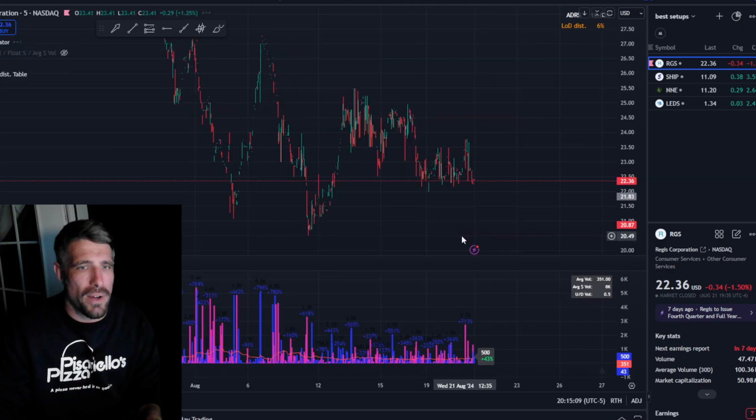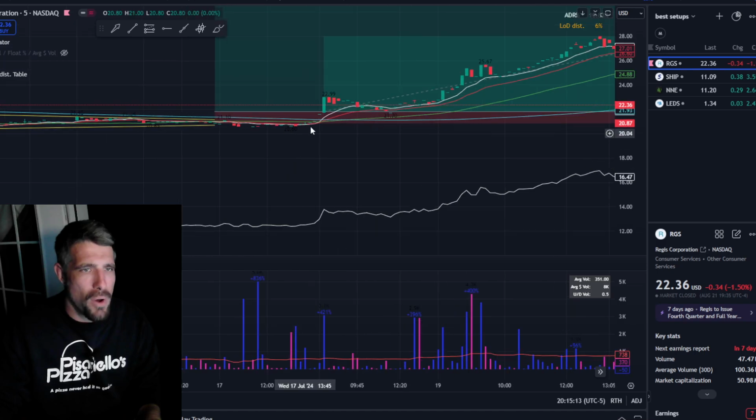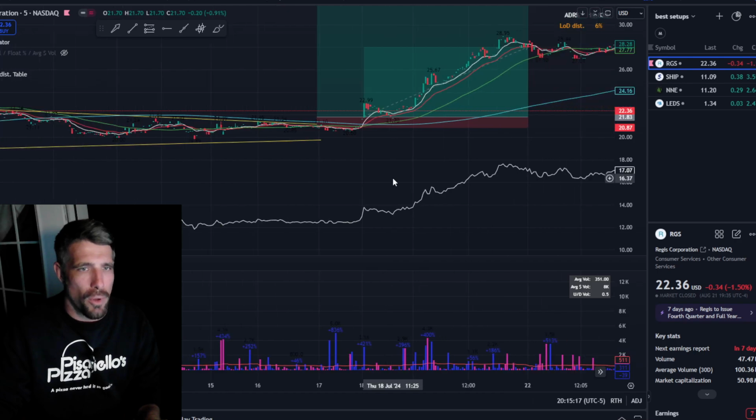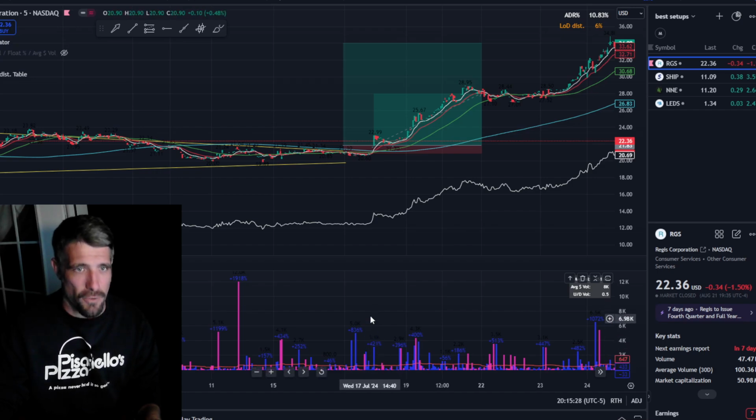If we zoom out here, there we go. When it broke out of this area, there wasn't a notable amount of volume worth taking. It broke out right here and there was no volume. Look where this volume is. There was nothing significant enough for me to want to take this.